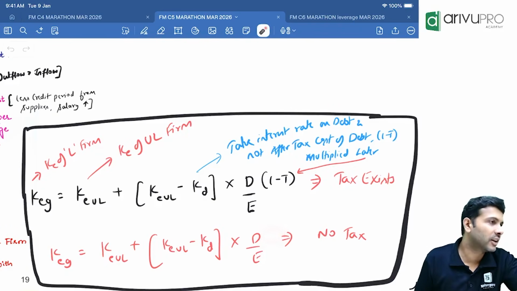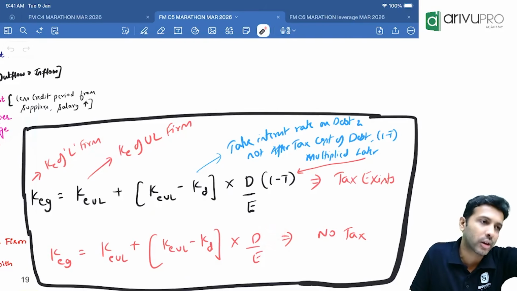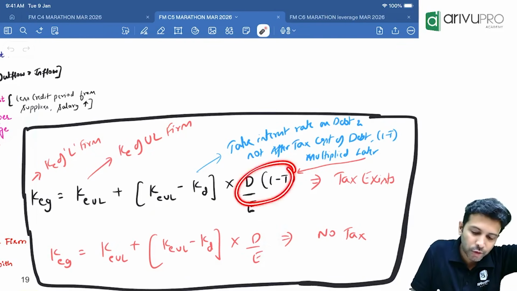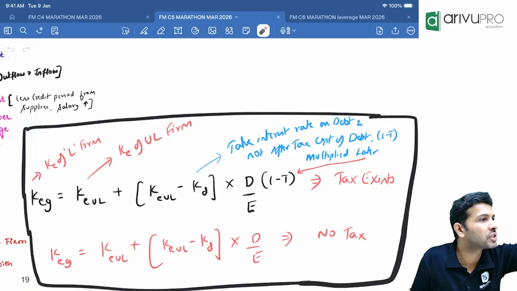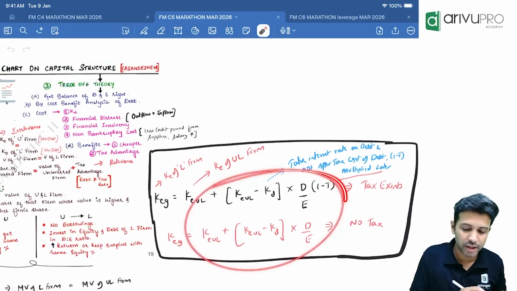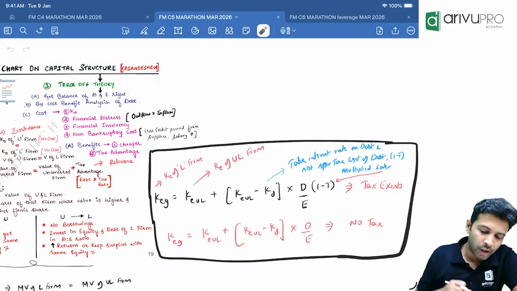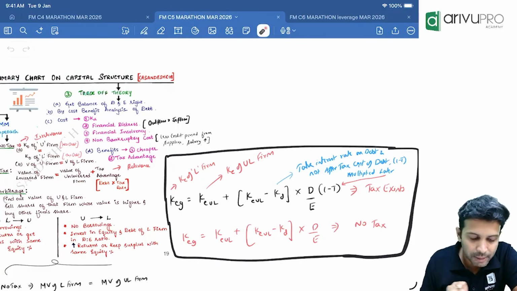Anyway, if tax rate is not there, even if you multiply 1 minus tax rate, it is anyway 0. 1 minus 0 is what? 1. Even if you use this formula for a no-tax scenario, the answer will be the same either way. Done? This is important. Pay attention to this. We have seen a lot of questions on this coming in lately. Now, again, all these are approaches.